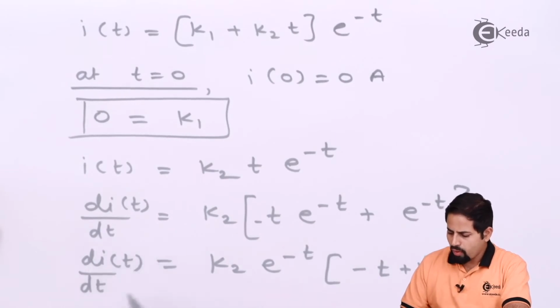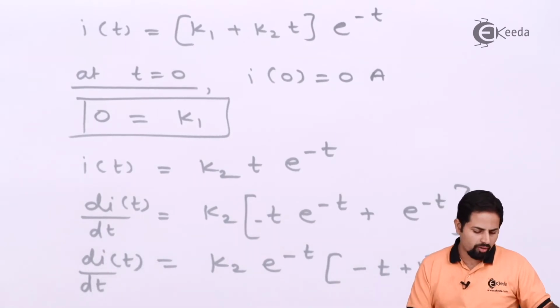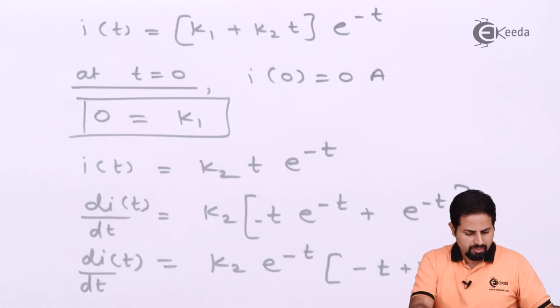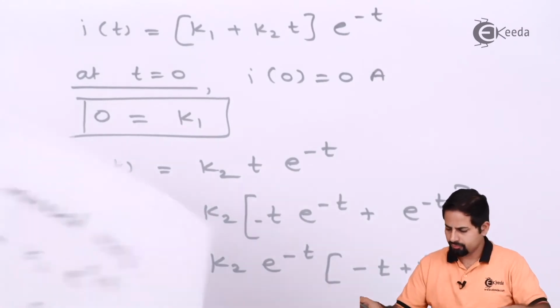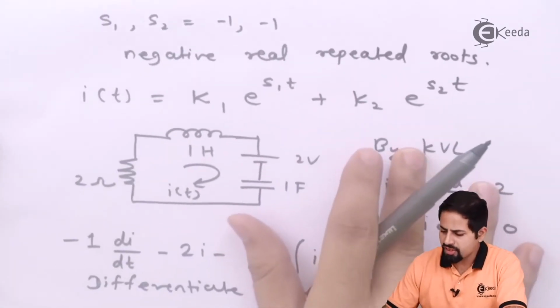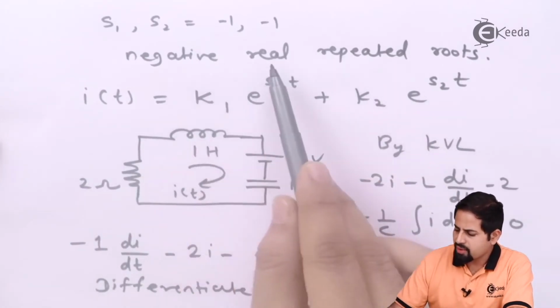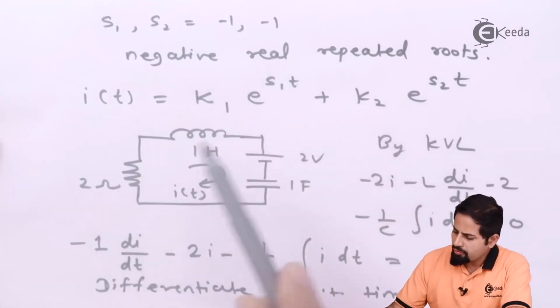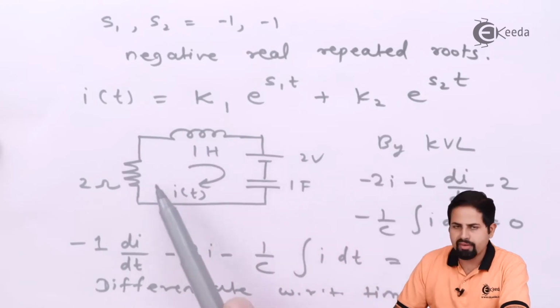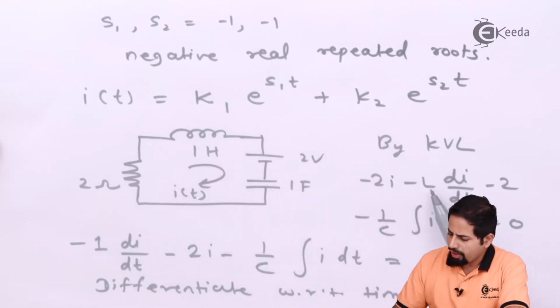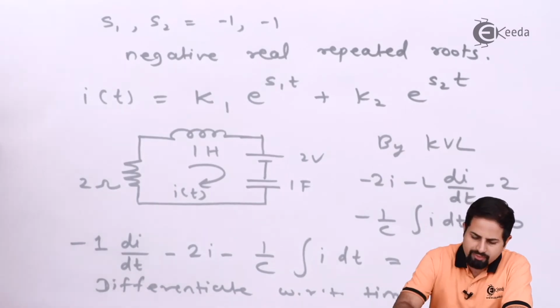Now we don't know what di by dt is at 0, so for that we will take the help of these equations. For these negative real repeated roots, we applied KVL to this circuit, and the value of L was given as 1 Henry, which we substituted, and this is the equation we got.